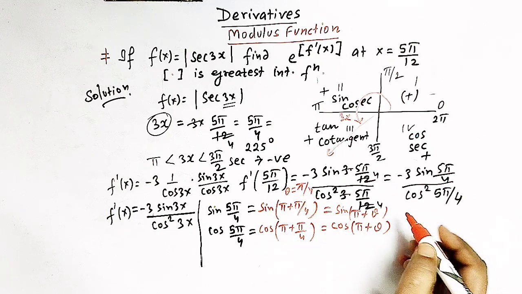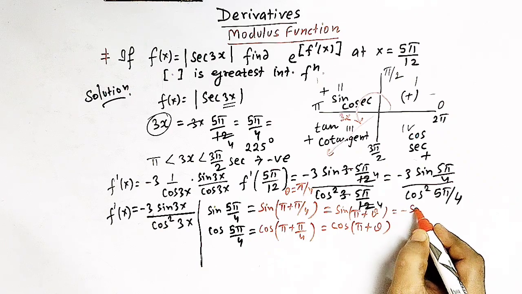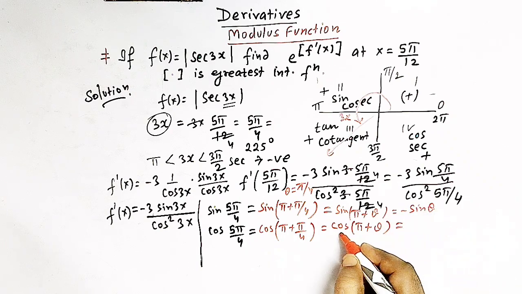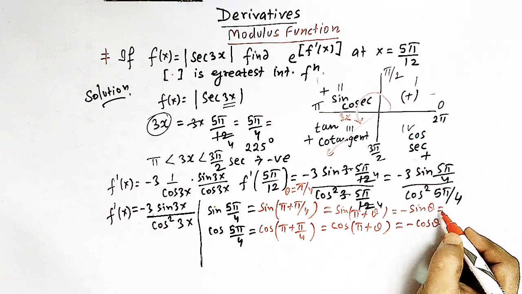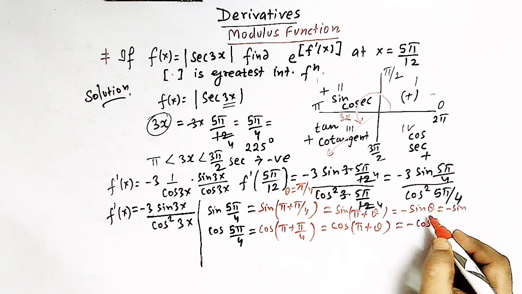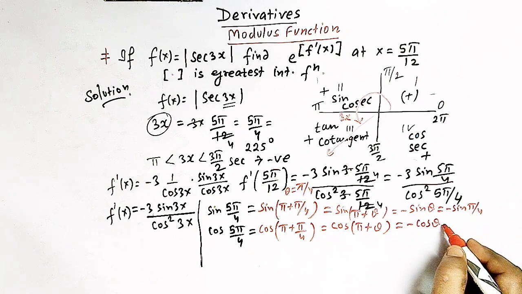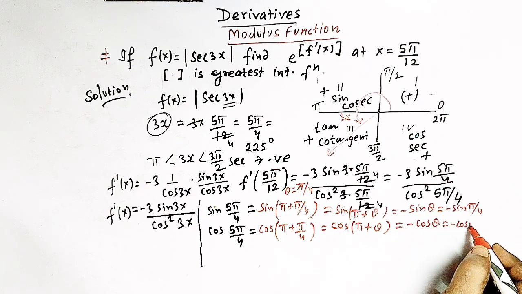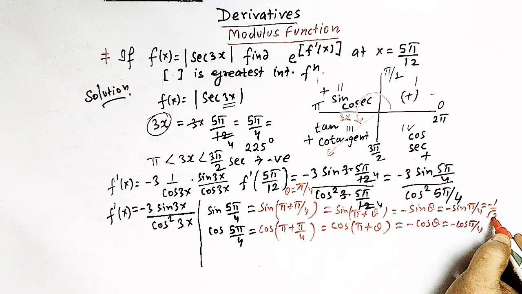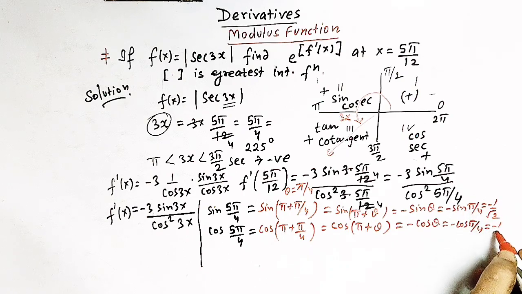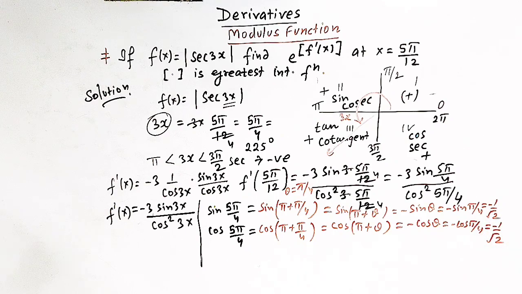So sine pi plus theta is given by minus sine theta, and similarly cos pi plus theta is given by minus cos theta. So here we have minus sine pi by 4, and here we have minus cos pi by 4. So this is minus 1 over square root of 2, and here also we have minus 1 over square root of 2, because sine pi by 4 and cos pi by 4 are equal to 1 over square root of 2.